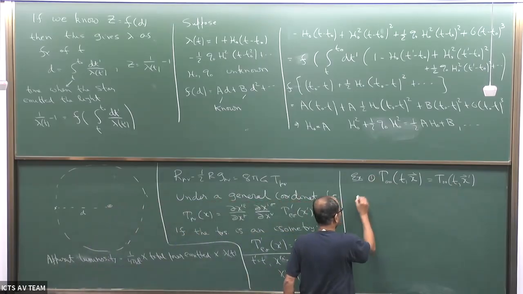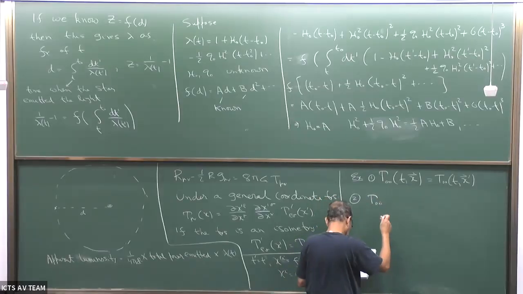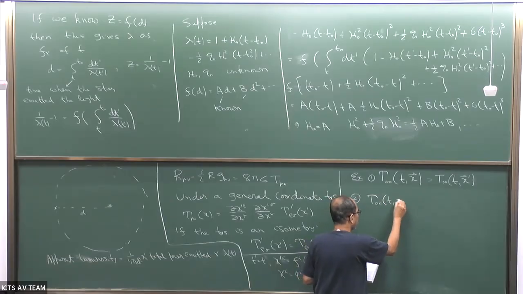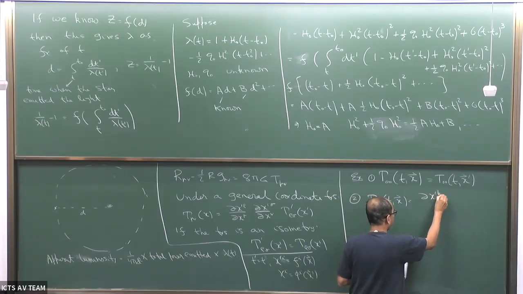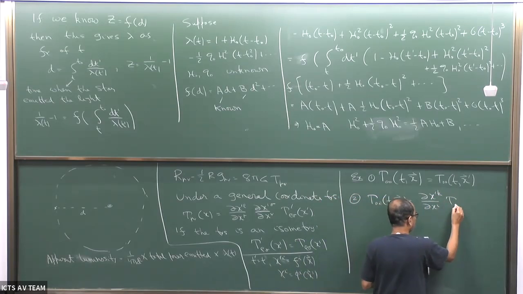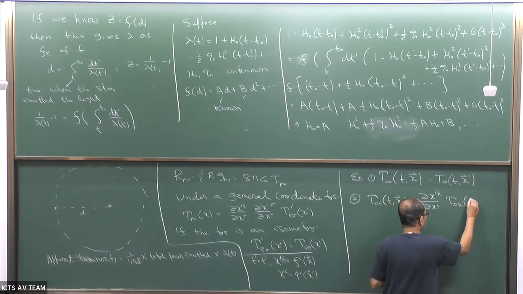The second set of equations is T0i of T x, given by del x prime k del x i times T0k of T x prime.